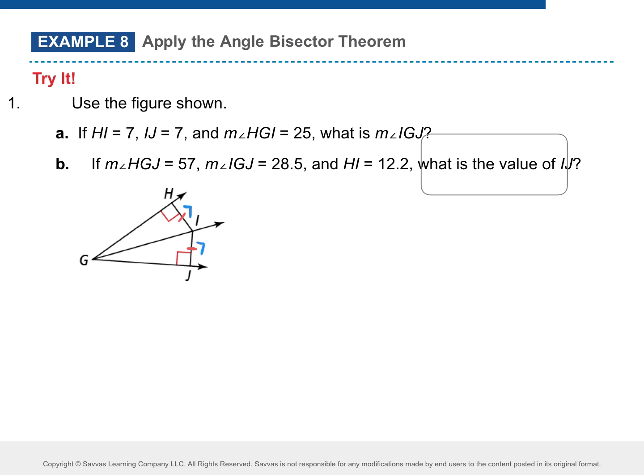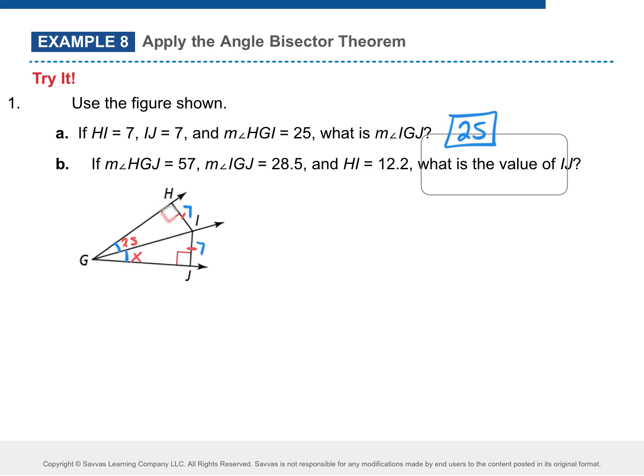And it tells you HGI, this angle here, is 25. It wants us to find IGJ, which is here. Since those two lines are congruent, what can we assume? The angles have to be congruent. So if this is 25, this angle has to be 25. So your answer for A is 25.